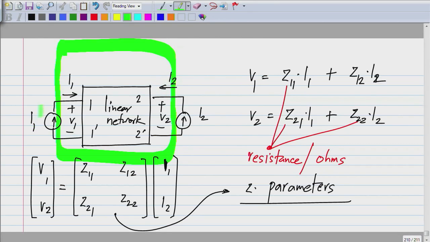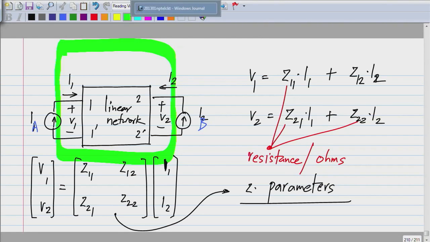So if the externally applied currents, let me change the notation so that it is not confusing, IA and IB. If you make IA downwards, I1 will be minus IA, so that's what will come here. But this definition is assuming the passive sign convention for the two port network. With that, this V1 will be like this and I1 will be flowing into the plus sign, V2 will be like that and I2 will be flowing into the plus sign.